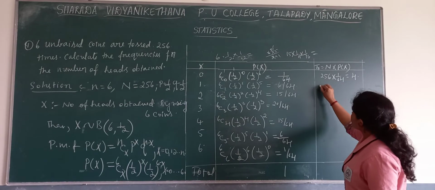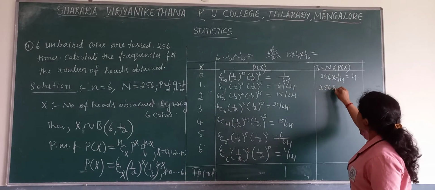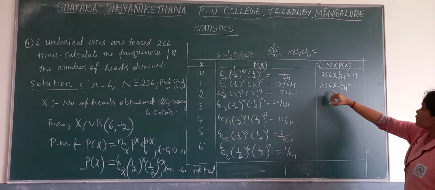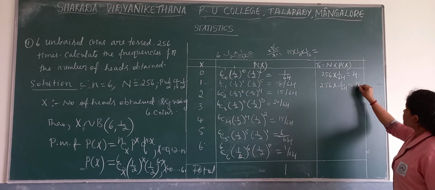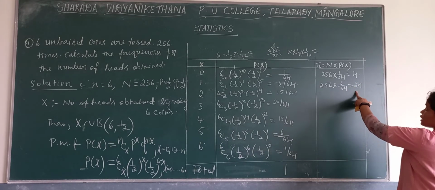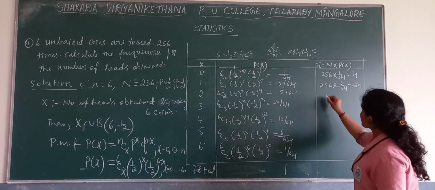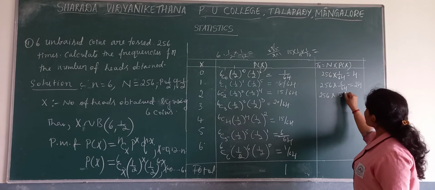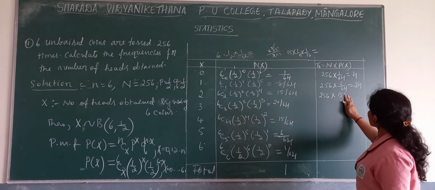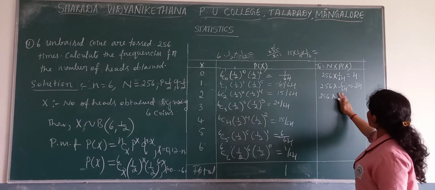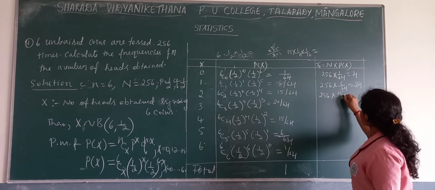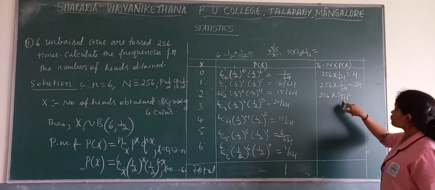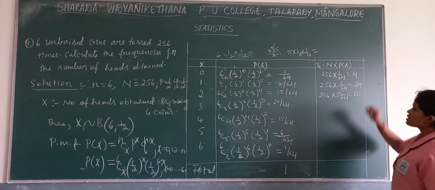Then the next one, 256 into 6/64, when we multiply and divide, we get 24. Then the next one, 256 into 15/64, you get 60.